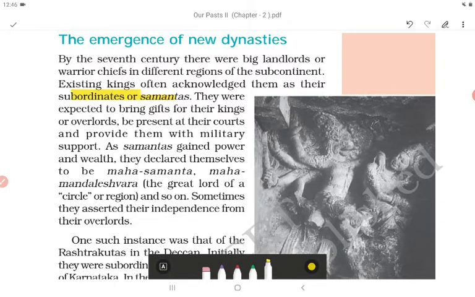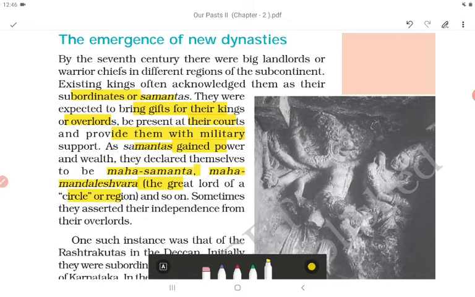They were expected to bring gifts to their kings or overlords, be present at their court, and provide them with military support. As samantas gained power and wealth, they declared themselves to be Maha Samantas, Maha Mandaleshwara, the great lord of a circle or region, and so on.